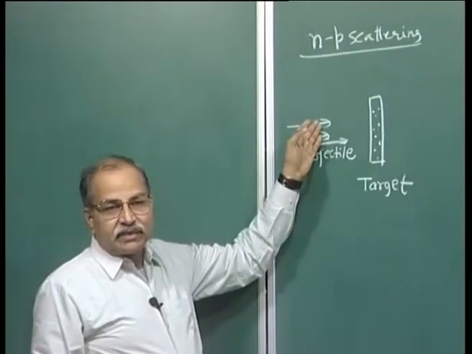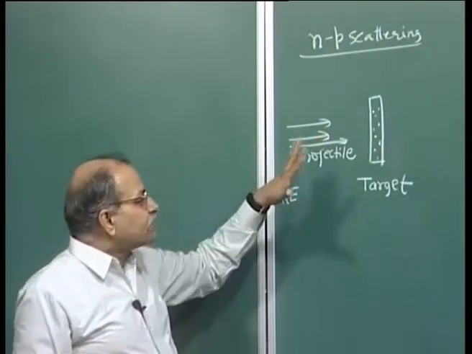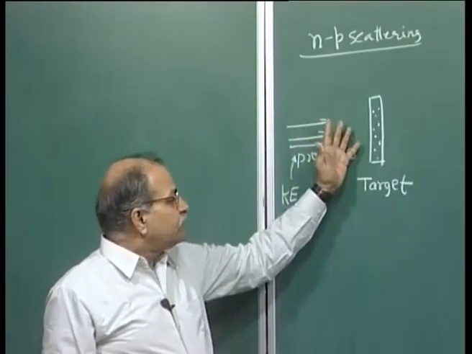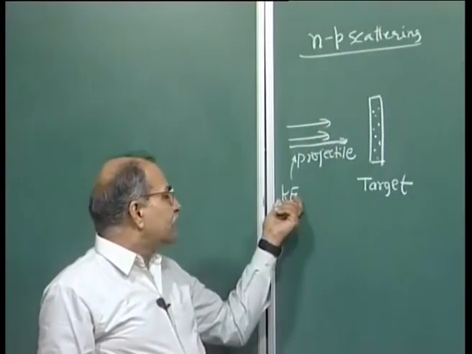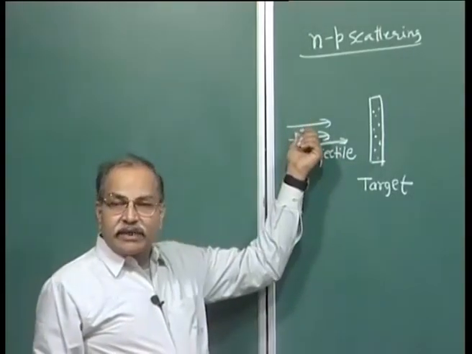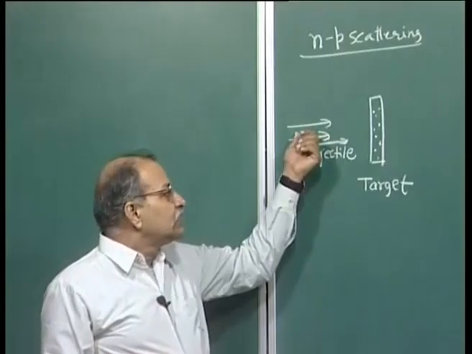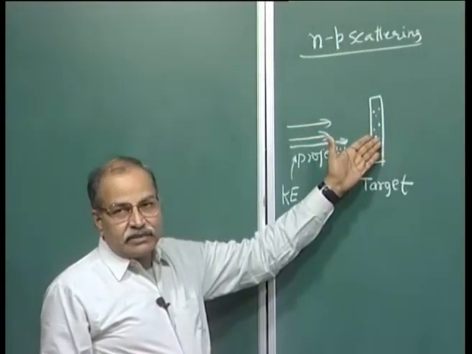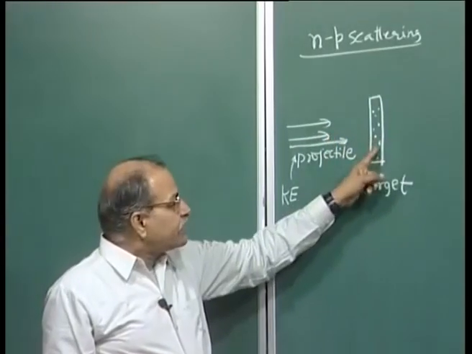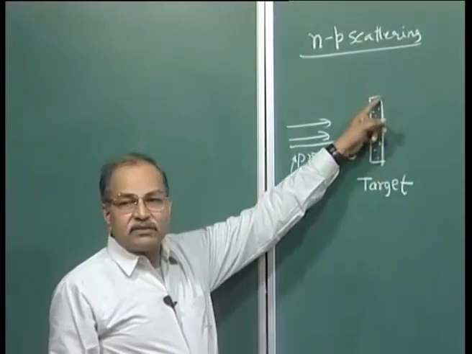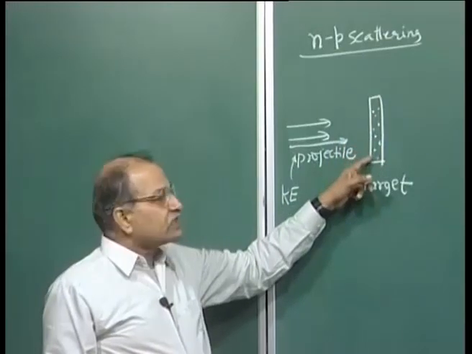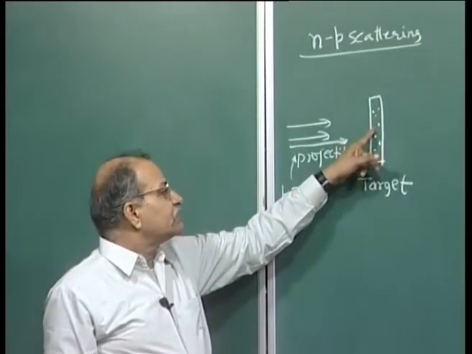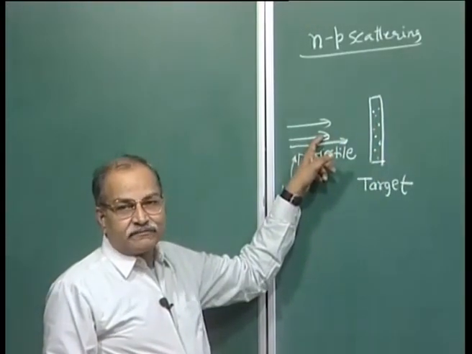So, the projectile particles are neutrons, but in any scattering experiment you have a projectile beam. Normally, the kinetic energy of each particle in the projectile is controlled, tuned. So, they are monoenergetic particles falling on the target, and the target has a number of scattering centers. Each one can interact with each one here. Okay.